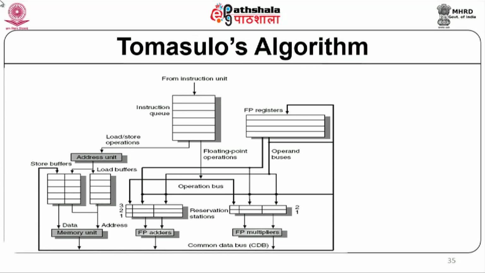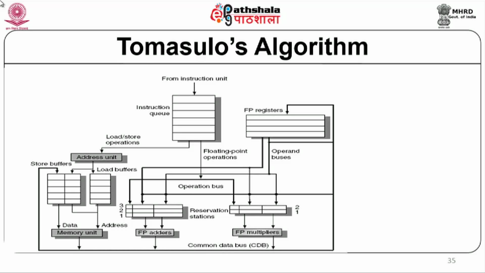Before we get into the summary, I would like to emphasize how it handles WAW and WAR hazards. For WAW, the reservation station does the renaming process, and that is how WAW hazards get handled. A WAW hazard is basically because of output dependencies, two instructions writing into the same register.